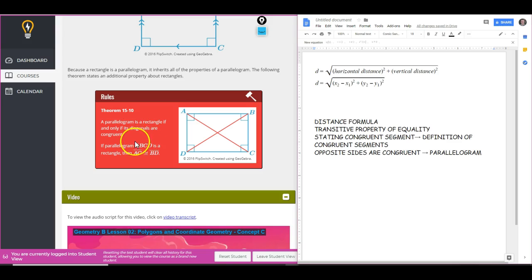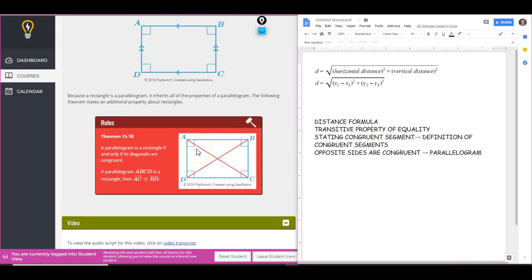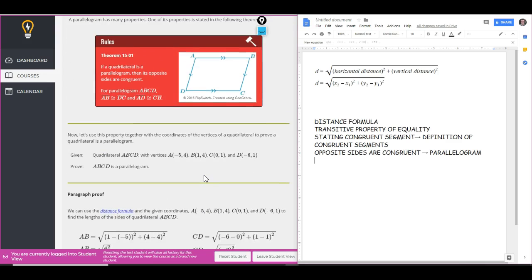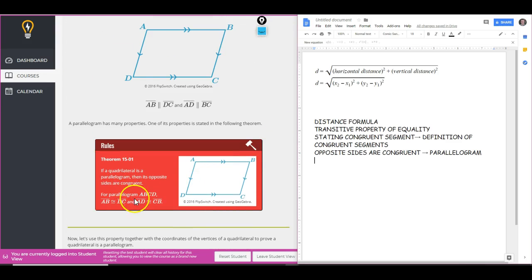Okay, so that's talking about a rectangle. It says if parallelogram ABCD is a rectangle, then segment AC is congruent to segment BD. We're still just trying to look for a parallelogram based on its diagonals. This one is saying if a quadrilateral is a parallelogram, then its opposite sides are congruent.